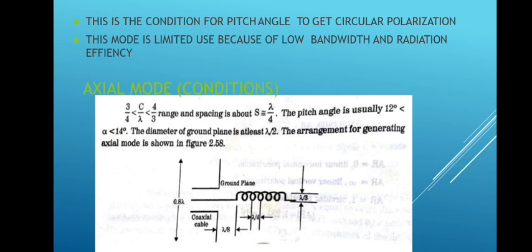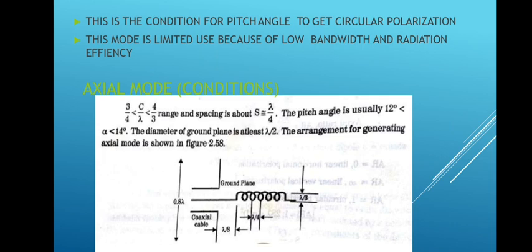Then this is the geometry of the axial mode operation. In axial mode of radiation, the radiation is in the end-fire direction along the helix, and the waves are circularly or near circularly polarized.